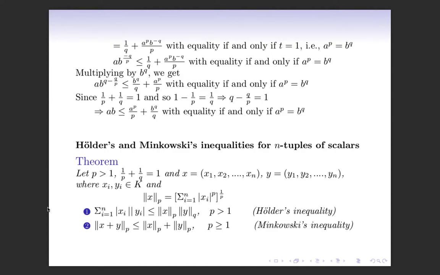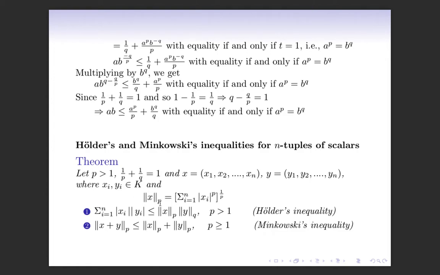The theorem states that let p greater than 1, 1 by p plus 1 by q is equal to 1, and x is equal to x1, x2 up to xn, y is equal to y1, y2 up to yn, where x1, x2, xn, y1, y2, yn belong to K, where K is the field of complex numbers or field of real numbers.